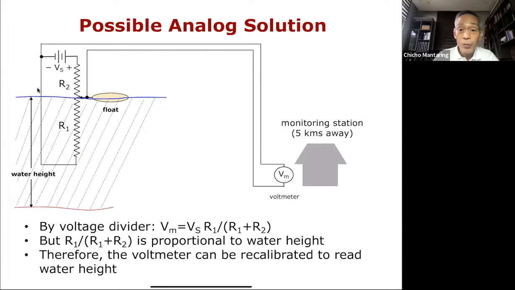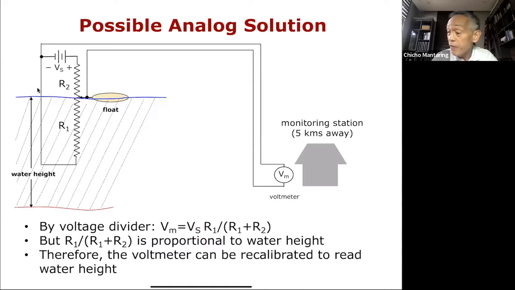What I want to send to my monitoring station is the voltage across R1. The voltage across R1 by voltage divider is going to be Vs, where this is my supply voltage, multiplied by R1 over R1 plus R2. Note that R1 over R1 plus R2 will be proportional to the water height.